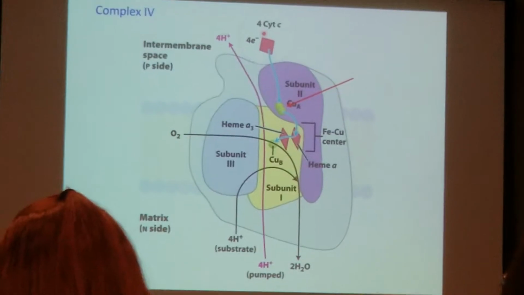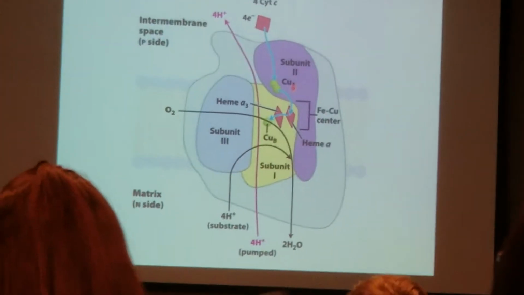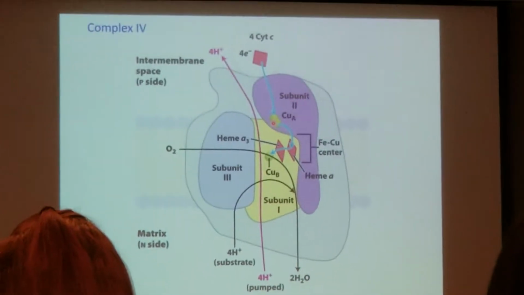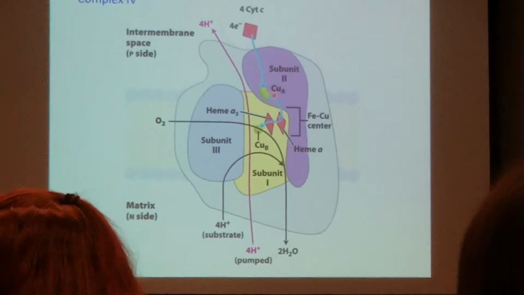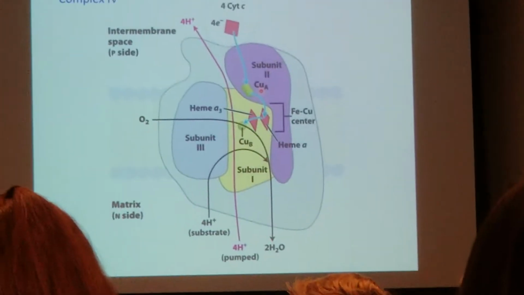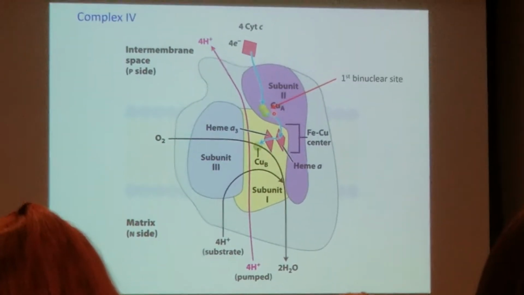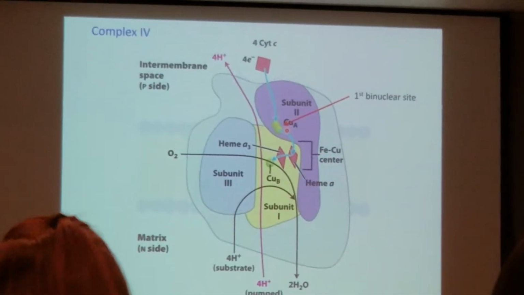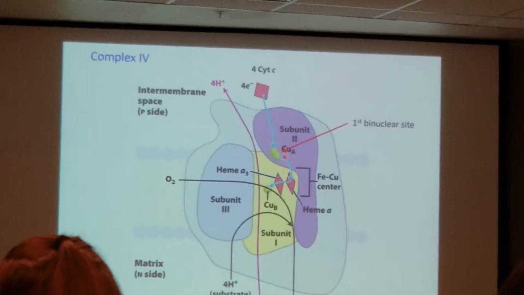First here we'll point out that copper A here, CuA, is actually two different copper atoms. My guess is that originally the people doing the work only discovered one, and then later, with better techniques, X-ray crystallography, it turns out there's actually two, and they're held so close together by the protein part, subunit 2, that they act as one.